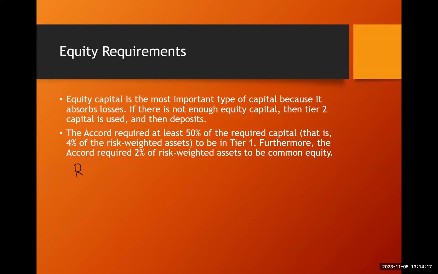So we have risk-weighted assets. You take 8% of that. This one here can be tier 2. This one has to be equity. This can be other tier 1.